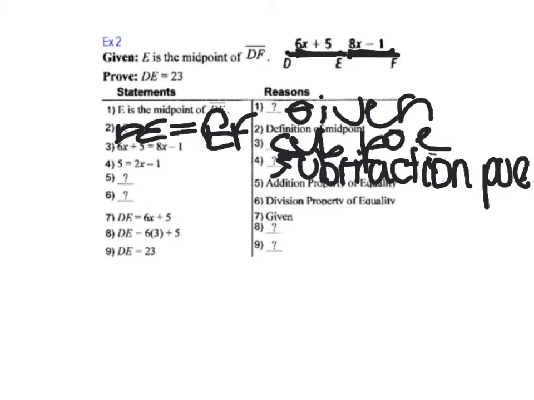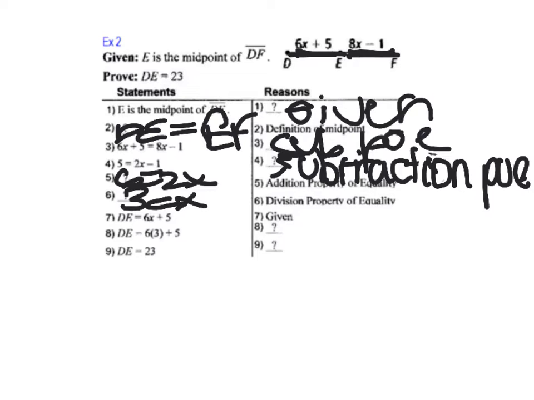To further solve this, you're going to be adding 1 to the other side, so that would be because of your addition property of equality. And now to isolate the variable, you're going to be dividing both sides by 2, so that would be your division property of equality.